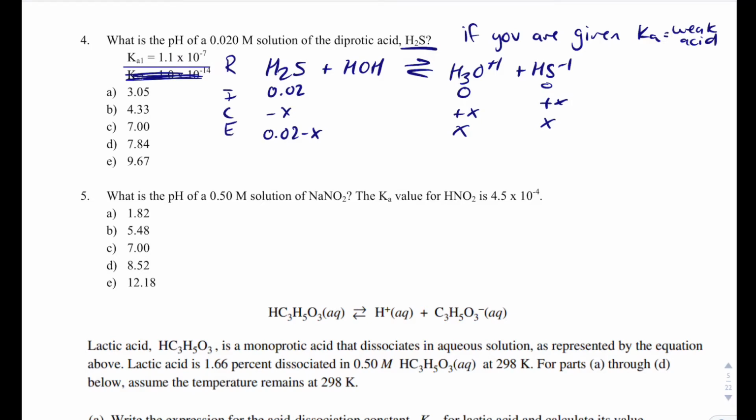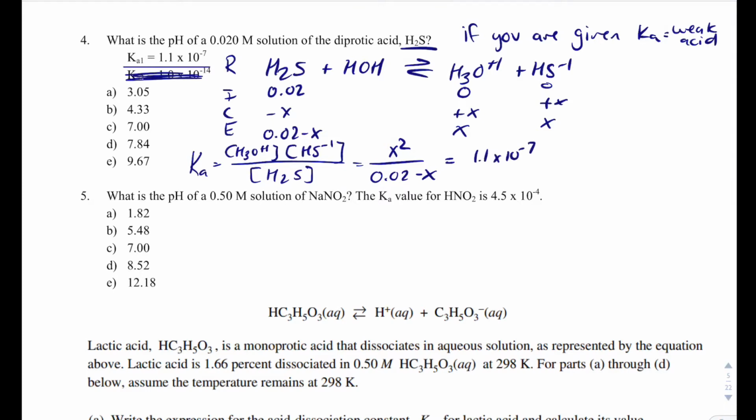And so my Ka expression equals H3O plus 1 times HS minus 1 divided by H2S equals X squared divided by 0.02 minus X. That all equals 1.1 times 10 to the minus 7.